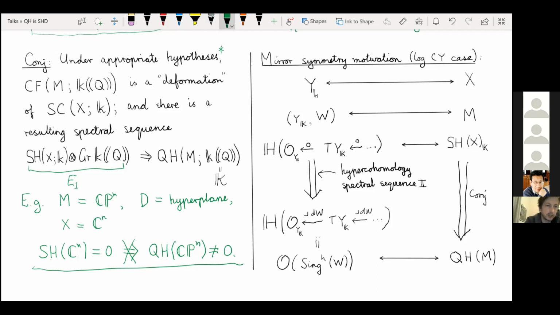The coefficient field, capital K. The point is that you're going to tensor with this bigger field K, and then you're going to have a differential, and you look at the Q-adic filtration on there.